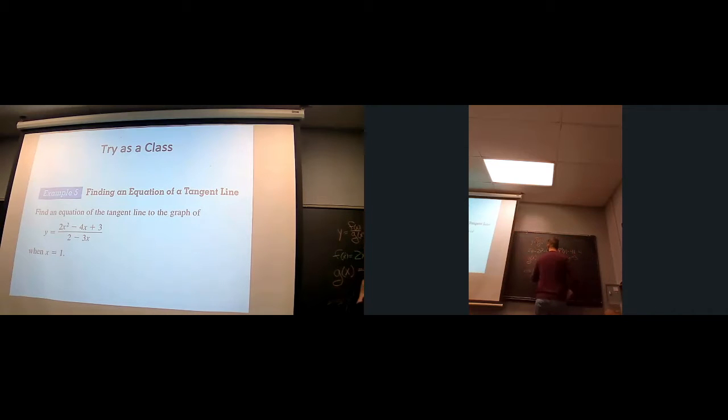So the first term of our numerator is going to be 2 minus 3x times the derivative of our numerator, which is 4x minus 4, minus our original numerator, the quantity 2x squared minus 4x plus 3, that quantity times negative 3, all divided by our original denominator squared, 2 minus 3x, that thing squared.